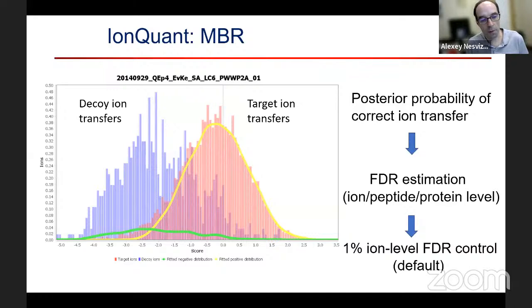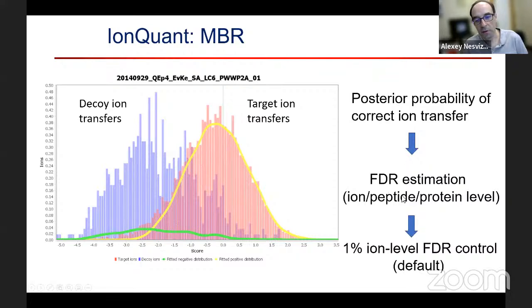We calculate the score, and then we can see what scores we get for the decoys we transferred. The blue is the scores of those decoys, and the red are scores of target ions that we transferred. We model the shape of the decoy distribution, and then we fit it to the target distribution to model the negative tail here.